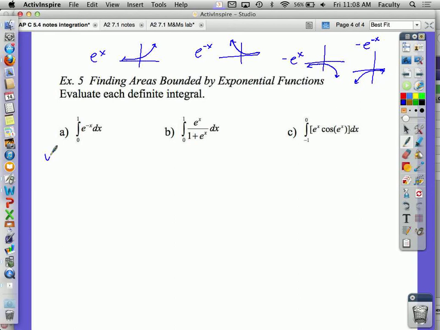But for now, let's do a u substitution because it's not just x. If it's not just an x, you need u substitution. Du is negative dx, so I'm going to put a negative out front. So this will be negative the integral of e to the u du.